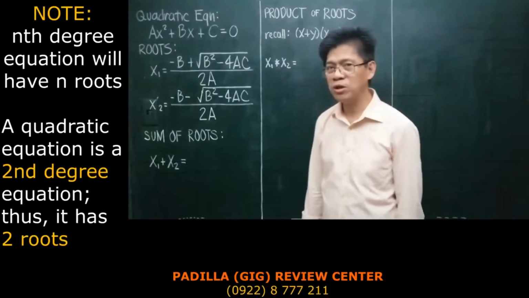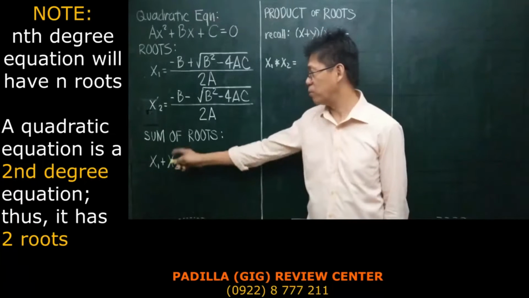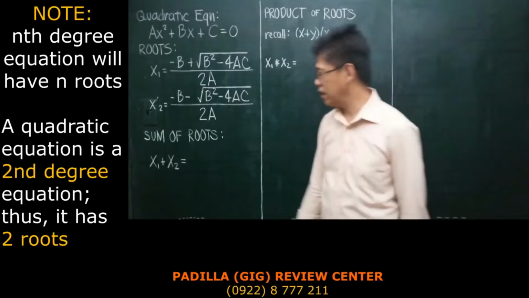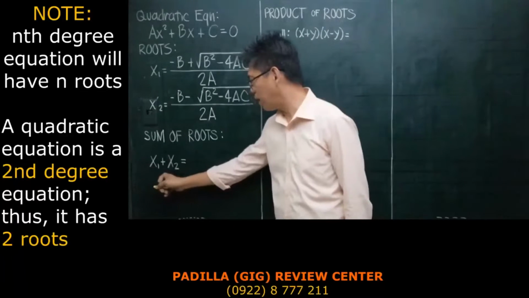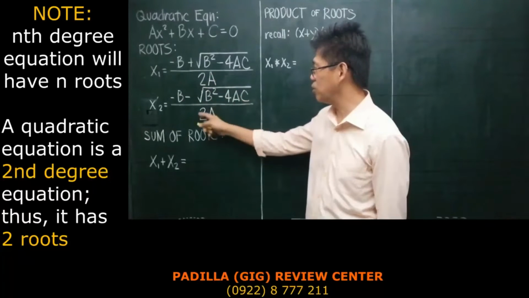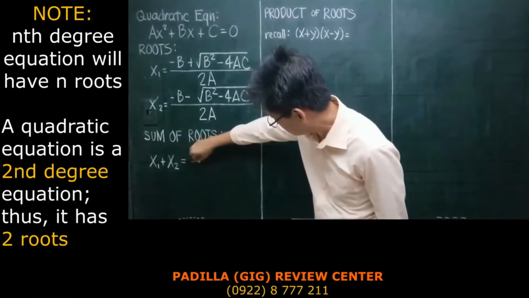The common thing that is encountered in the board exam are those involving the sum of roots and product of roots. So, when we get x1 plus x2, inasmuch as their denominators are the same, we can simply add their numerators.